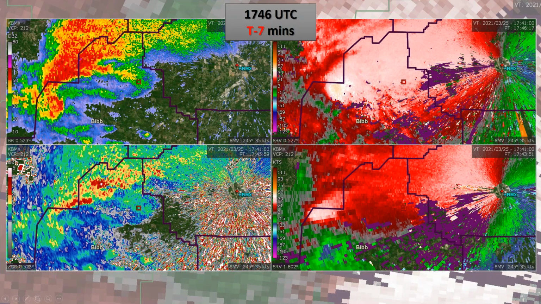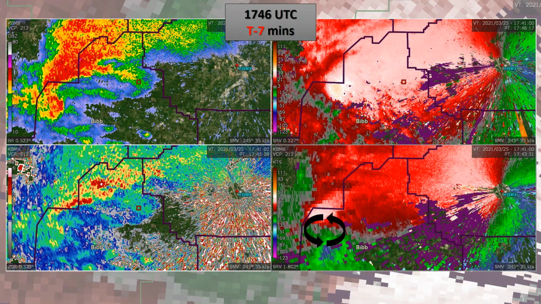This storm had produced tornadoes for quite a period of time earlier, and then again later. At this particular time, at least according to the damage surveys, there wasn't a tornado on the ground. We're located fairly closely to the radar, but you can see that the storm is located from KBMX almost straight west of the radar.